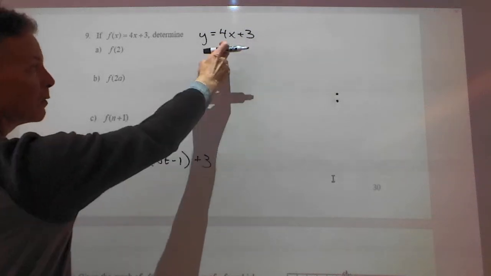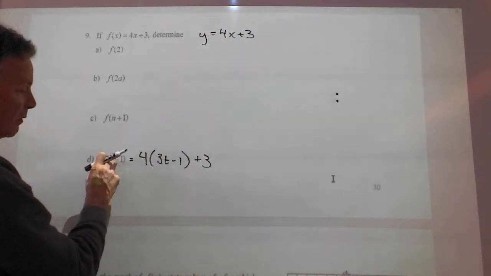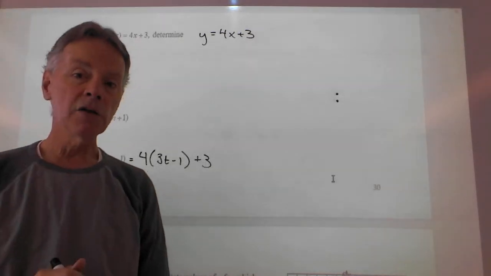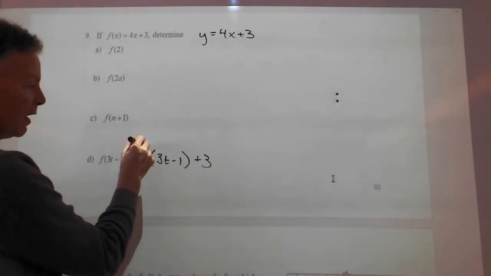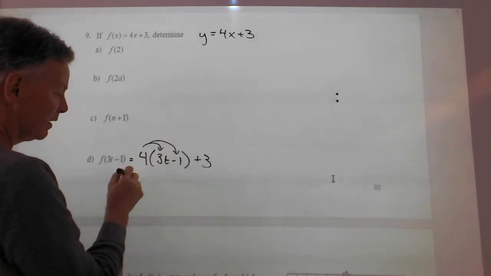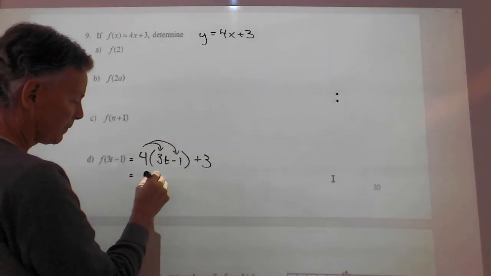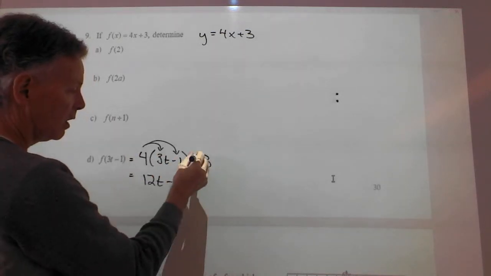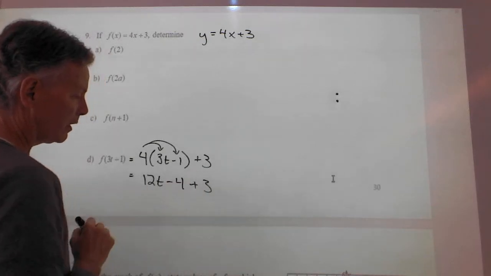Again, notice that where I see x, I've plugged in my value for x. And then you just simplify. Okay? So remember, we've done this, right? You apply the distributive rule. You go 4 times 3t is 12t. 4 times minus 1 is minus 4. And then bring this down plus 3.